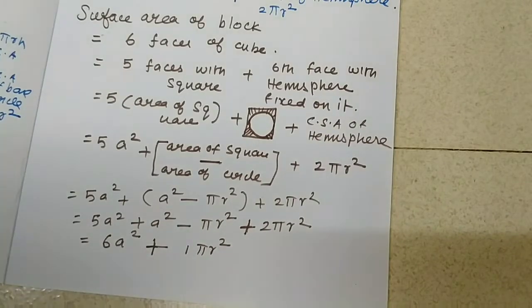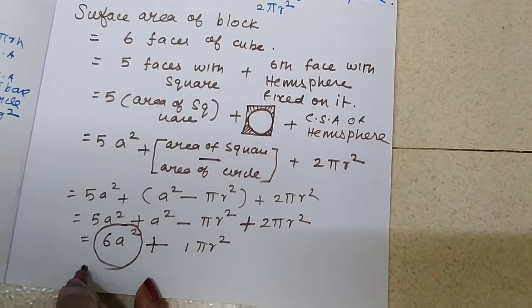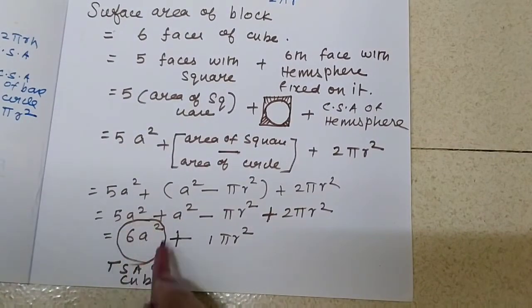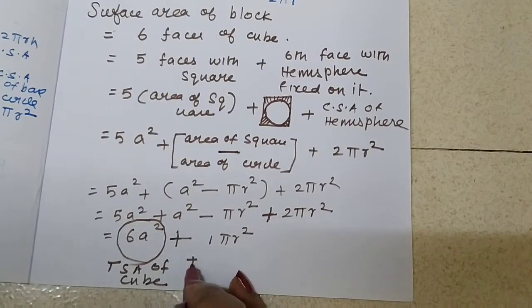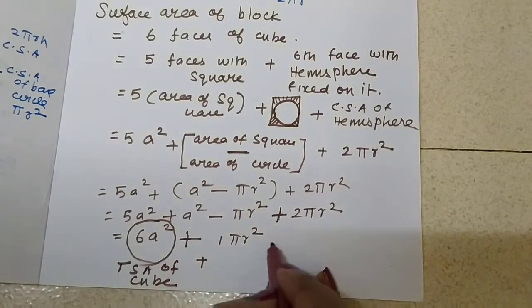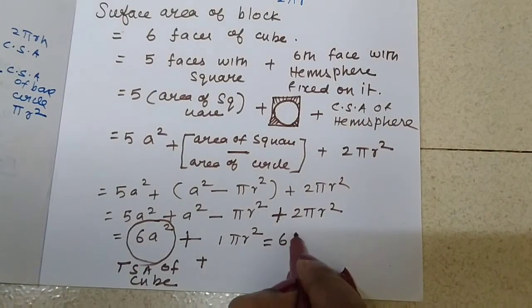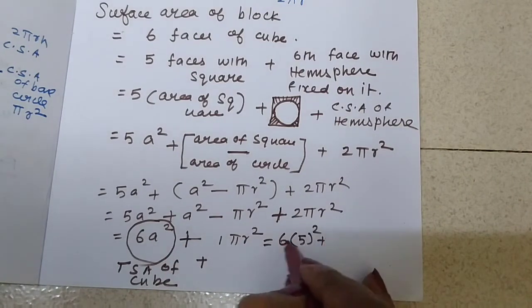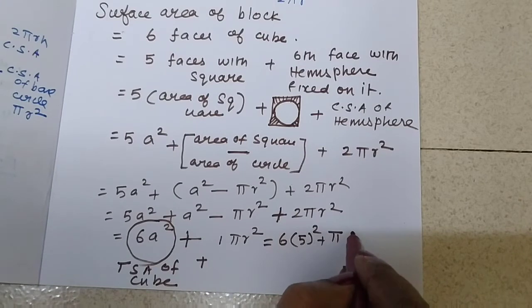So tell me finally what we have obtained. This is the total surface area of the cube, isn't it? This is the total surface area of the cube plus this. So the value of a is 5: 6 into 5 square plus pi value is 22 by 7 into r square.